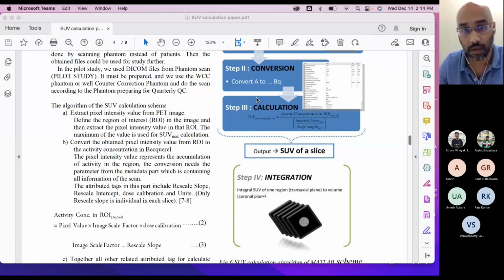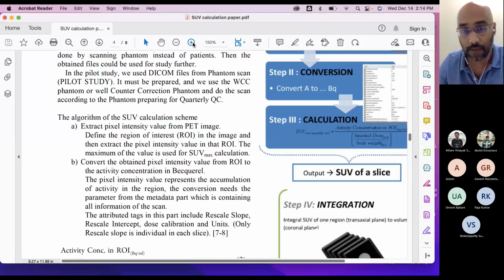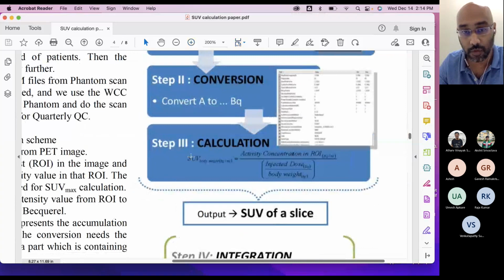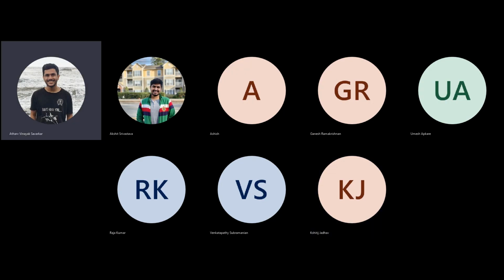Once we have the activity concentration in the pixel, we'll be able to identify the SUV for that particular pixel using this formula, and then we can identify the SUV max. So this is where we are right now. I would now let Atharva show the code. Yeah, I'll just share my screen.